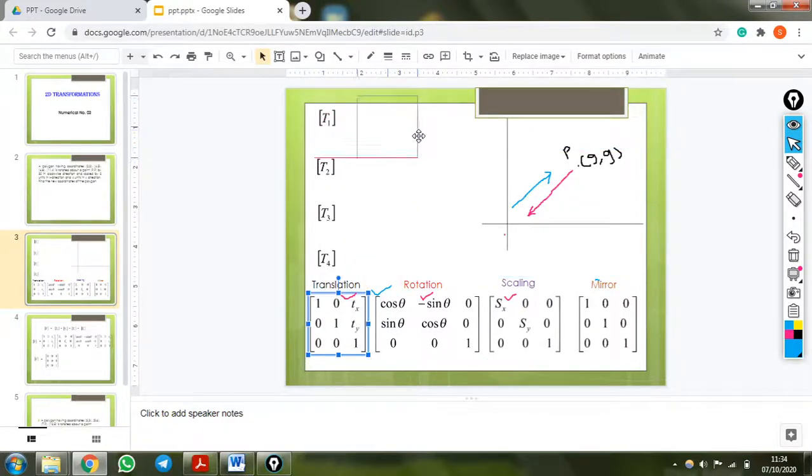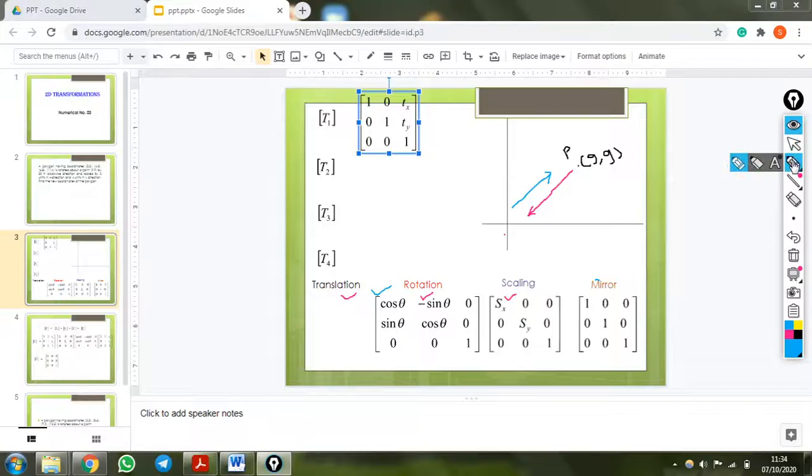So the first operation we require is a translation. It will be translated by using this matrix: 1 0 tx, 0 1 ty, 0 0 1. Now in order to translate it to the origin, I will make it simple for you. Can you tell me what are the coordinates of the origin? They are (0, 0), right?